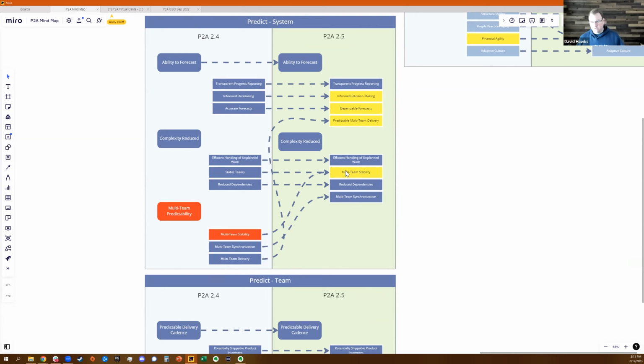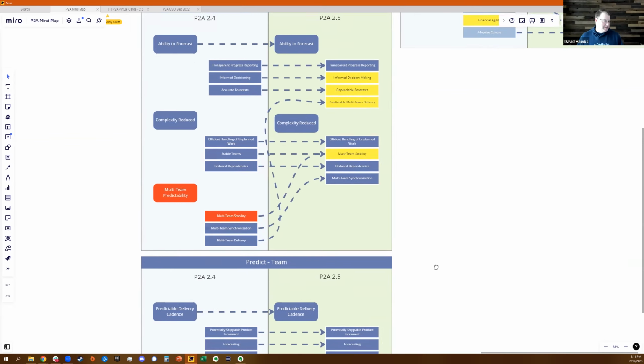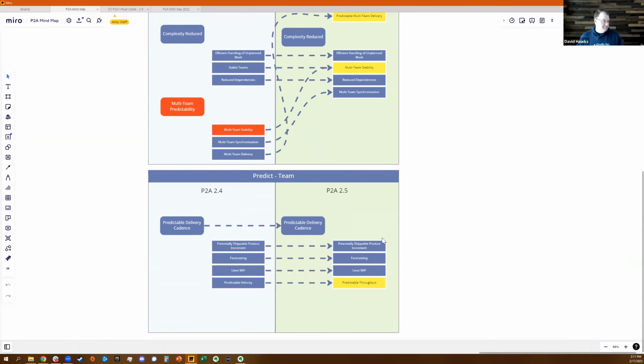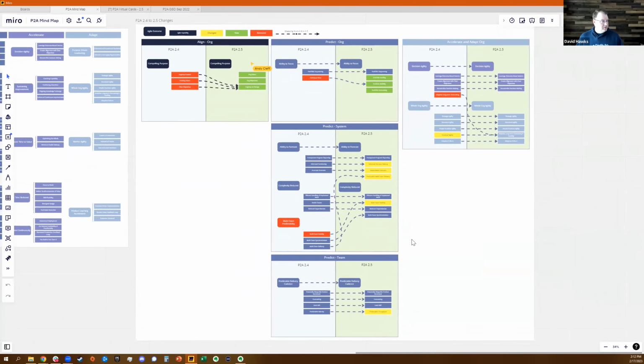In one case, we had a capability that only had one acceptance criterion, and that's just not enough, so we fleshed that out a little more. Then at the team level, it's not a major overhaul, but I think every one of these capabilities got refined. One of those was moving from a velocity term to a throughput term on the capability itself. So those are all the big changes from 2.4 to 2.5.